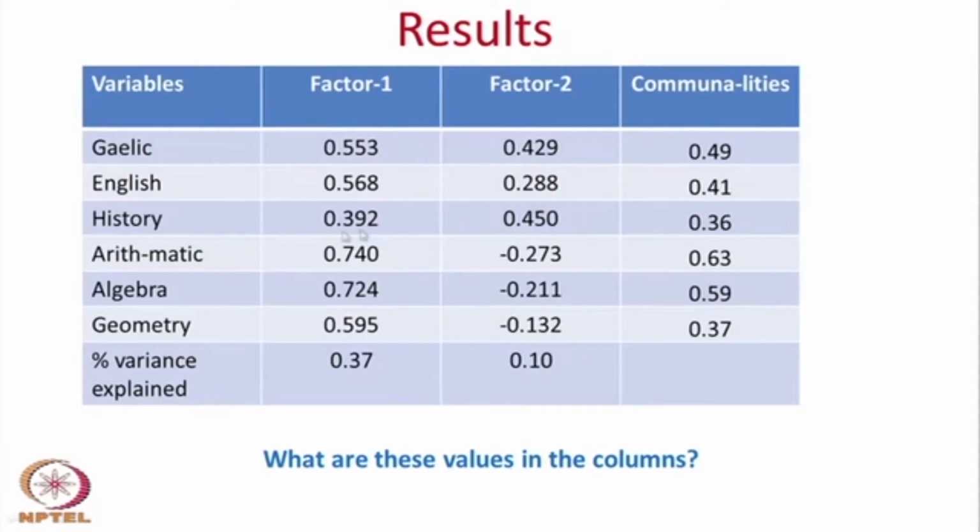For history, again an almost equal pattern. For arithmetic, there is a higher loading for factor 1, and compared to 0.74, 0.27 is less, but none of the loadings here are 0. In that sense, none of the variables are unloaded on the 2 factors considered.